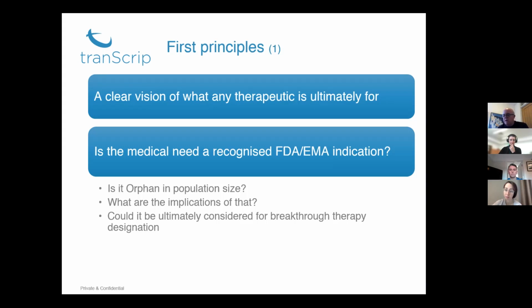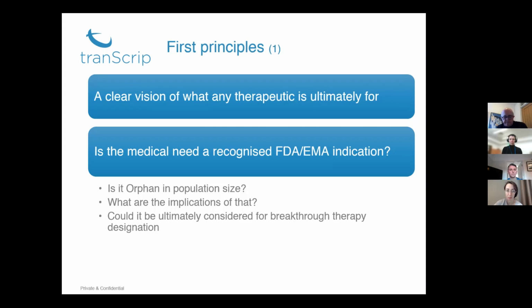And indeed, there is in what we call IMI, the Innovative Medicines Initiative program going through the European side of things, where they are trying to redefine diseases by underlying mechanisms. And that may be something to consider for the future. But right now, just use the indications that are on their lists.